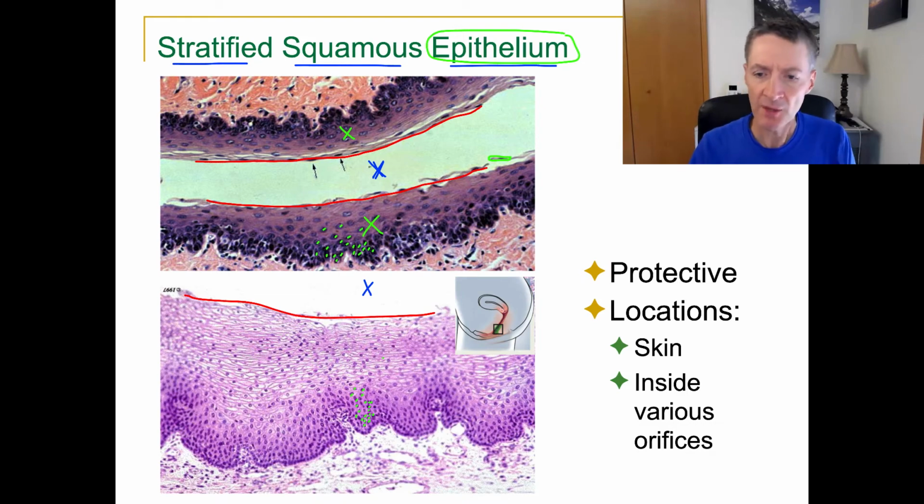And so it makes sense that we would see stratified squamous where the skin is, and on the inside of lots of the body orifices. Again, I choose the vagina as an example. You could choose the rectum, you could choose the mouth. There's going to be protection. Makes sense, right? Because outside of us, it's kind of a danger zone. We've got viruses and bacteria and stuff we need to keep out. So a protective stratified squamous.